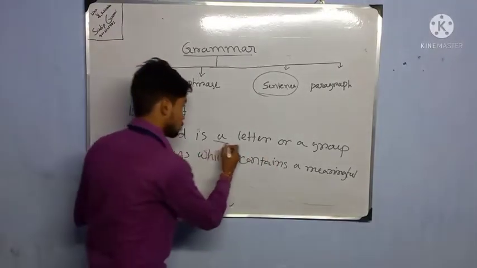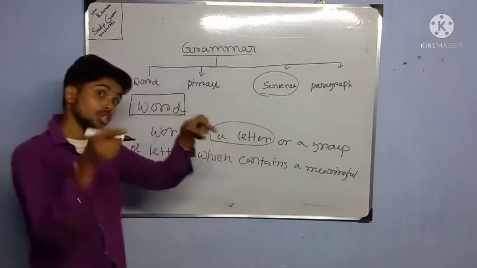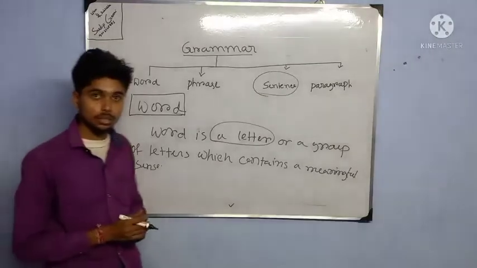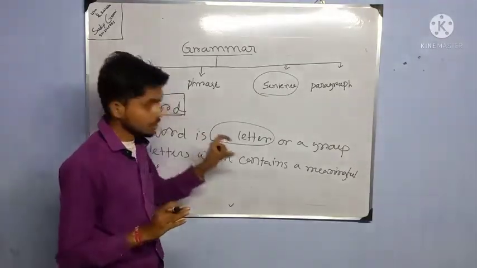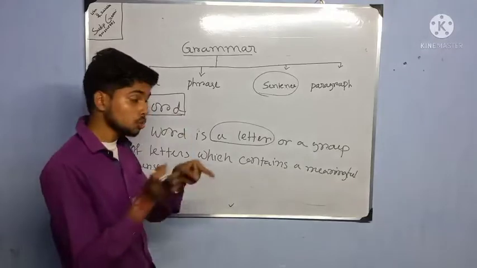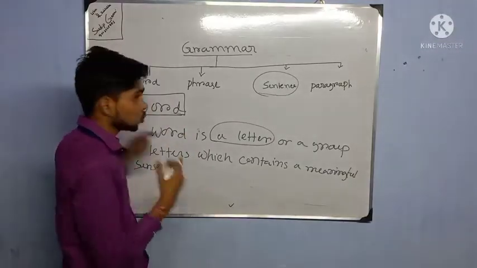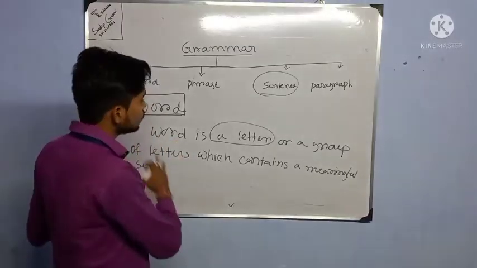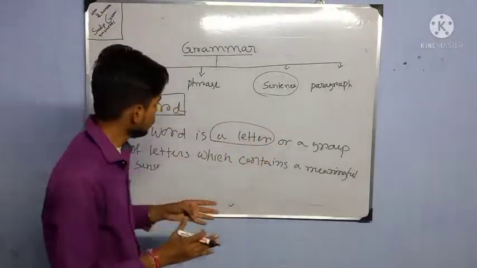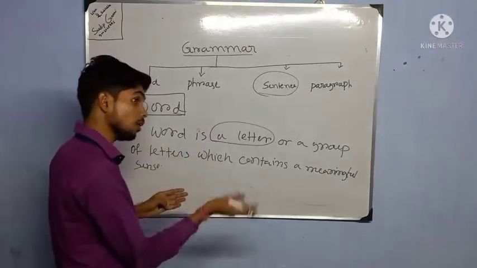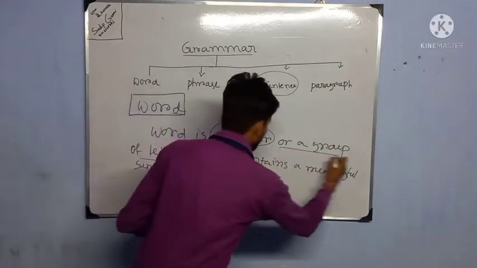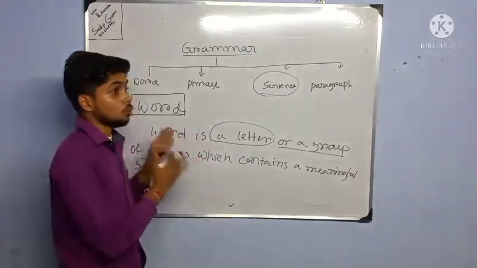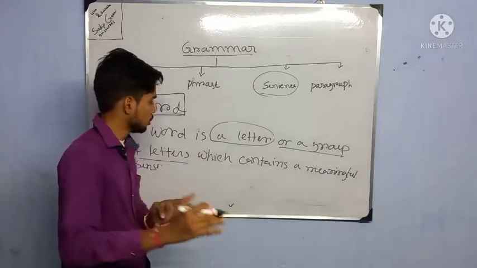Keep in mind, a single letter, an individual letter, can also be called an example of a word. In the universal standard, generally it is called a letter or a group of letters. That means in this particular word there will be more than one letter, 2, 3, 4 letters.